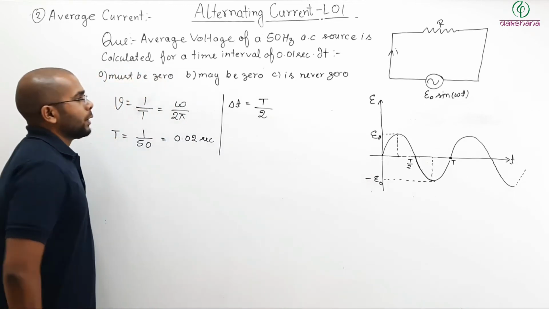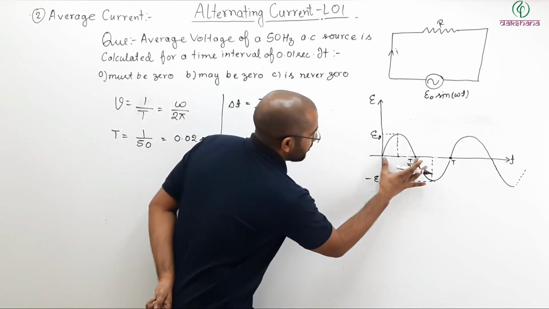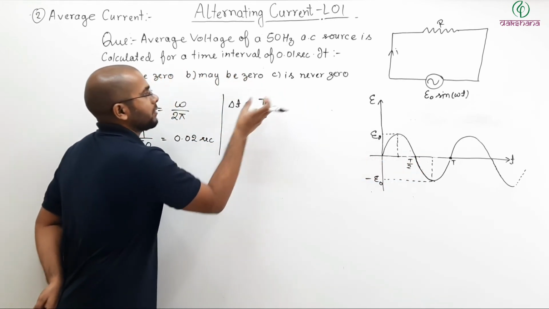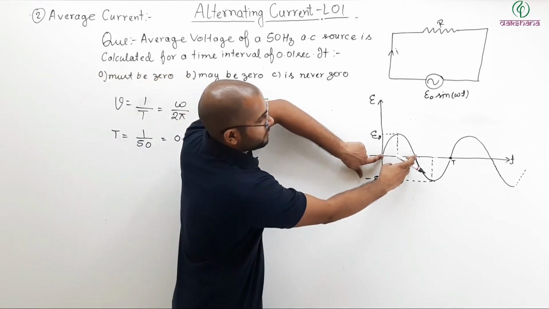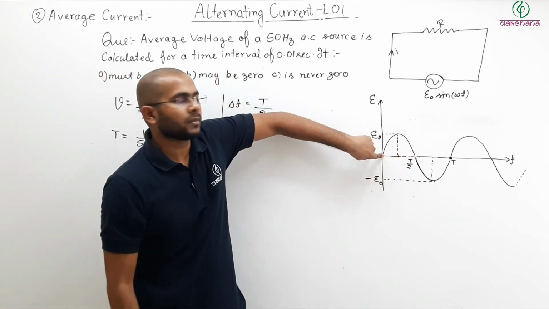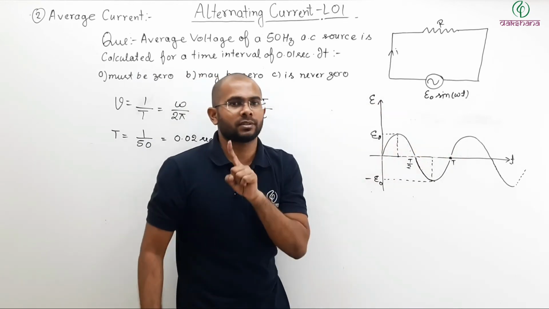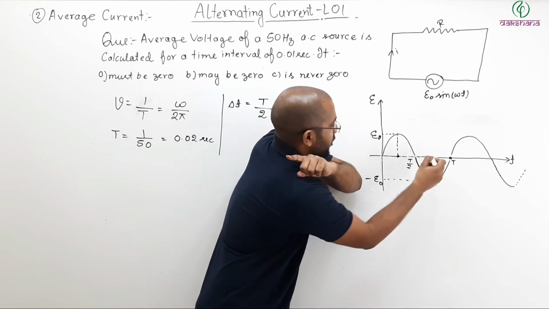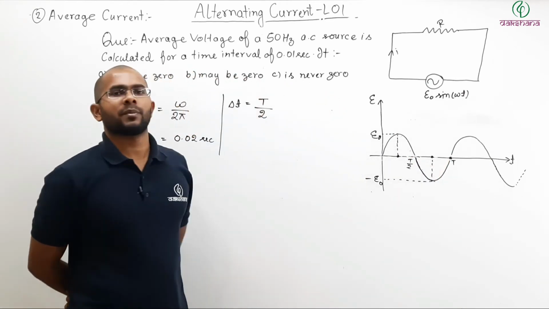Now if you pay attention once again, if I take half the time period, remember my time interval is time period by 2. So if I take from here to here, my average will not be 0. If I take here to here, then also my average will not be 0. But if I take from this point to this point, what about then? Then my average may be 0.